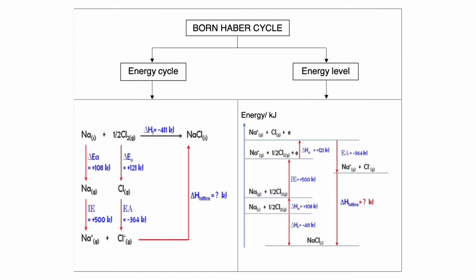Basically, we have enthalpy of formation, enthalpy of atomization, ionization energy, electron affinity, and lattice energy, which in short we say as FAIEL. Like I said in the previous class, I showed you how to construct the energy cycle. In this video, I'm going to show you how to construct Born Haber in the energy level method.